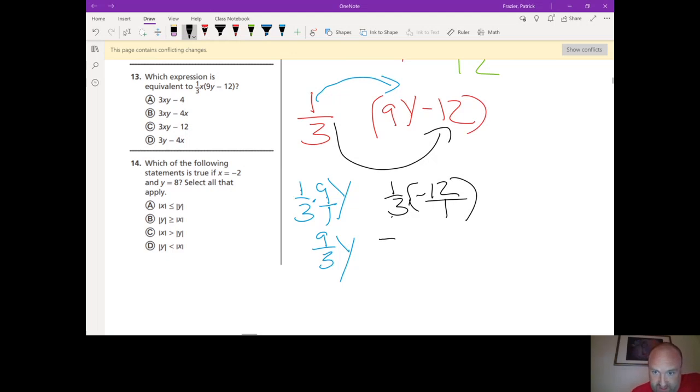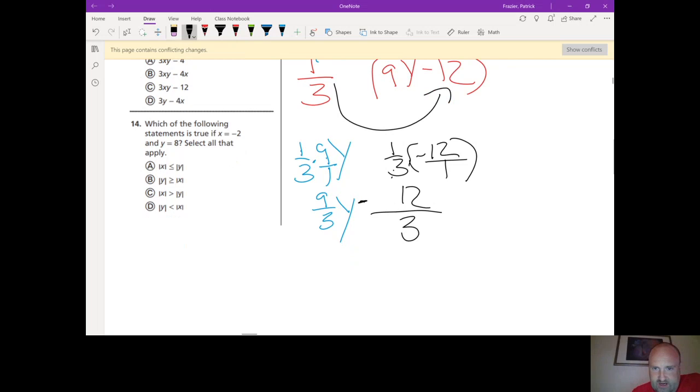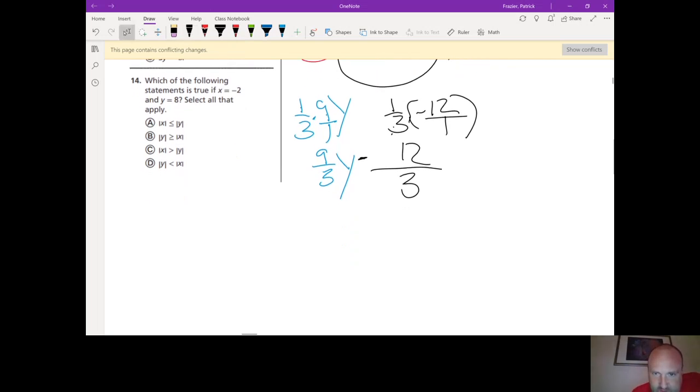So positive 1 times negative 12 is negative 12, and 3 times 1 is 3. We now have 9/3 y minus 12/3, and 3 goes into 3 once, and 3 goes into 9 3 times, and 3 goes into 12 4 times.